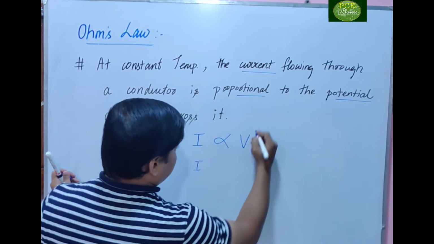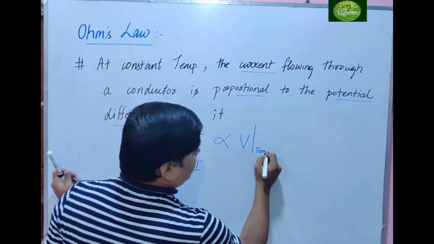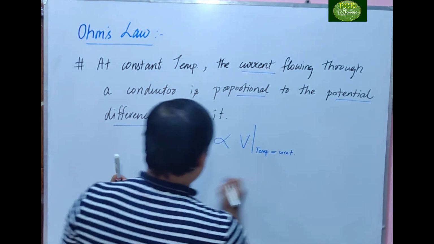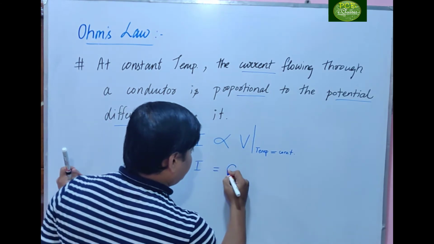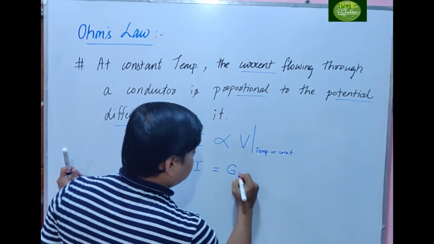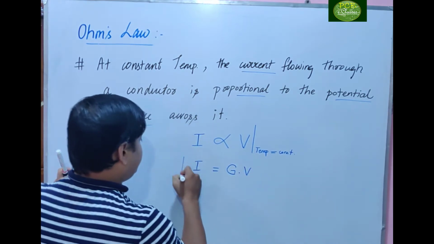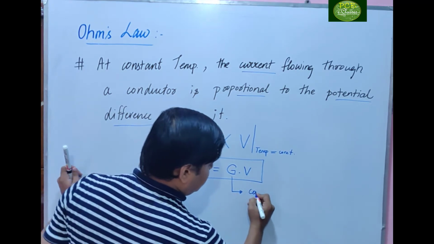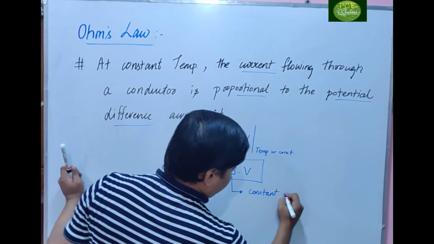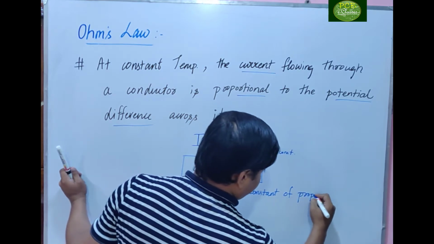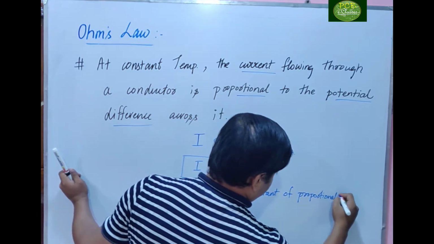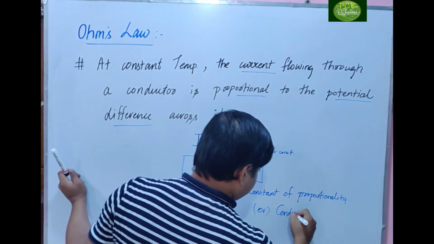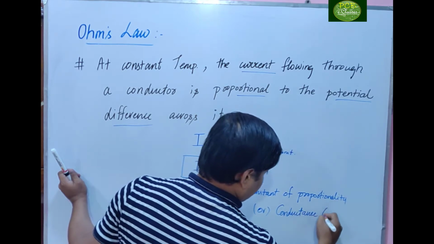I equals, what is the condition? Temperature will be constant. So I equals G into V, where G is a constant of proportionality, or conductance.